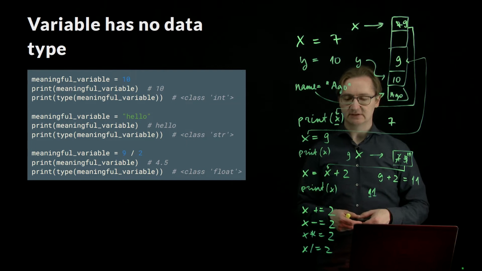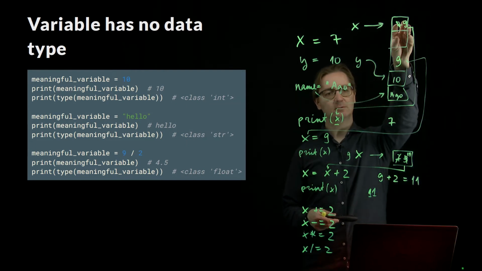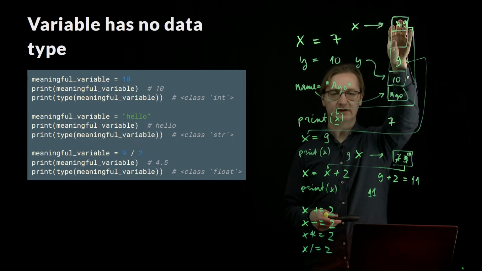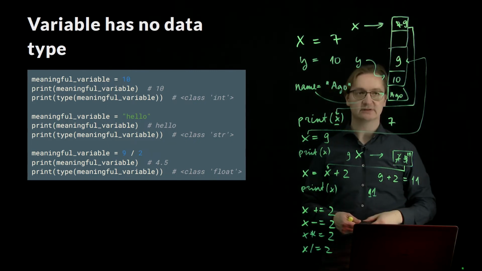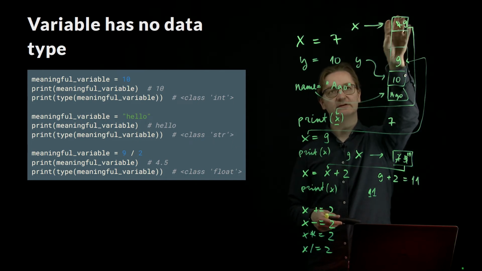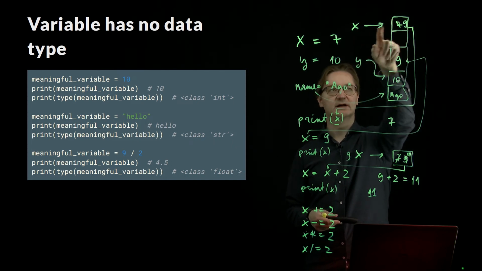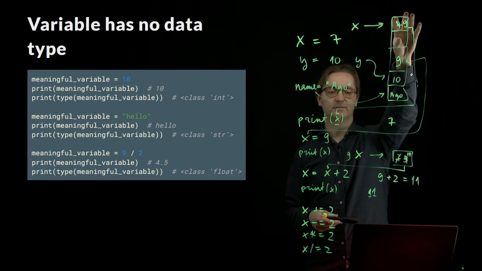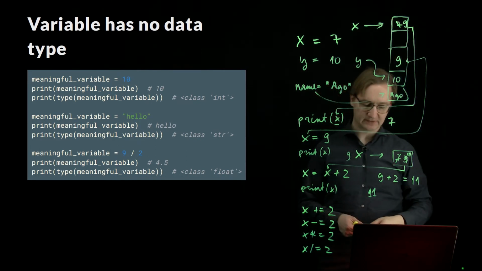What happens is that it takes the value where this variable points and gets the data type of this value. For example, if I print out the type of x, I will get the data type of the value where it points to.